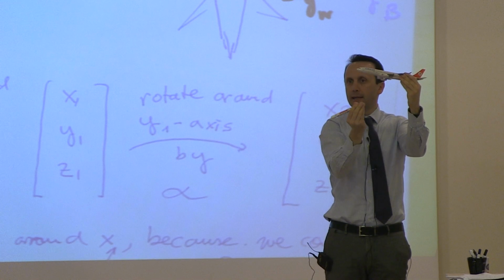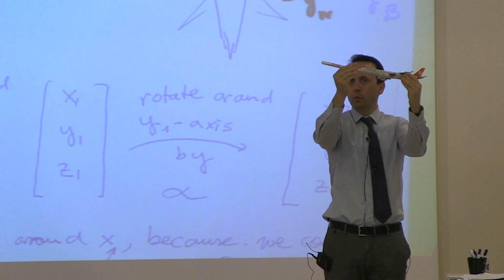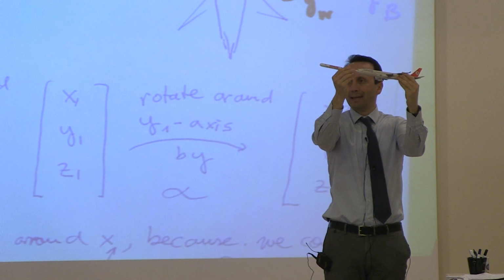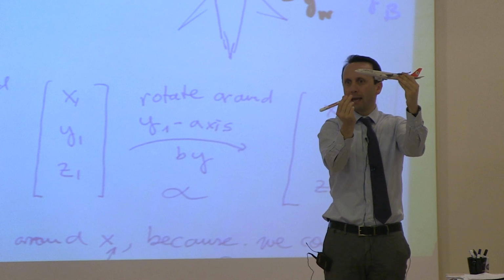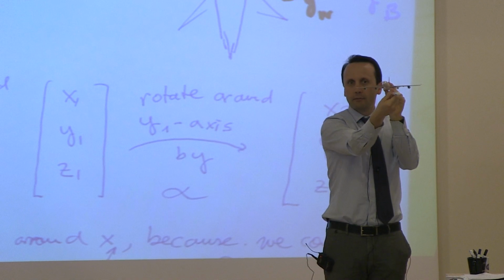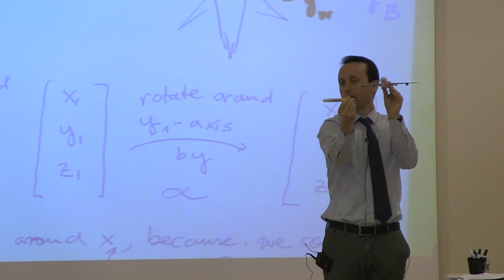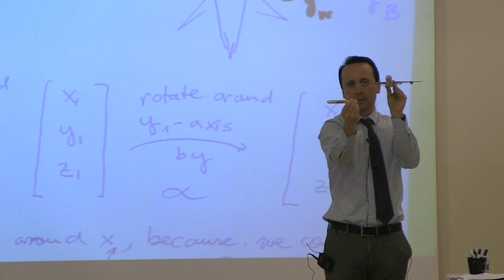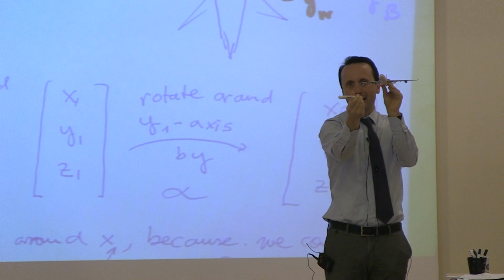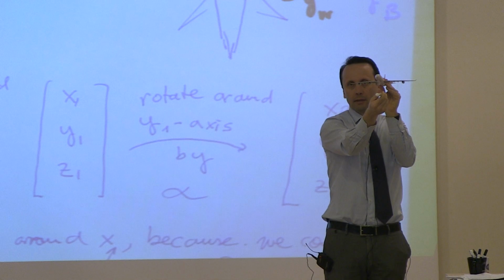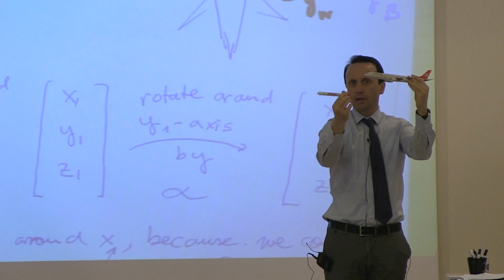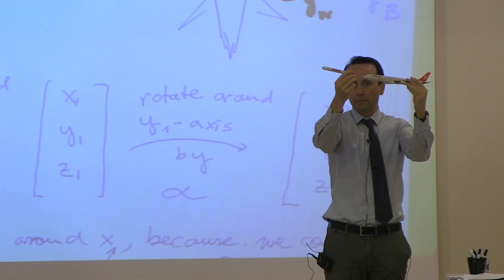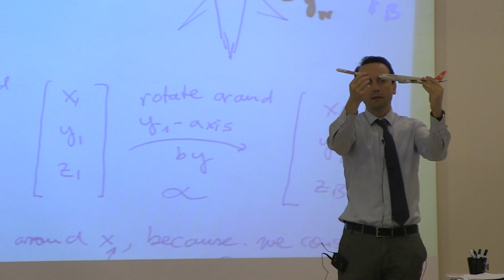From x1 to x body, rotate it to the side from here to here, you get the wind axis coordinate system. This rotation is by a minus beta, and the second rotation here is by a plus alpha. Does that make sense?